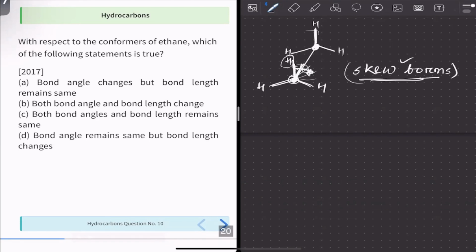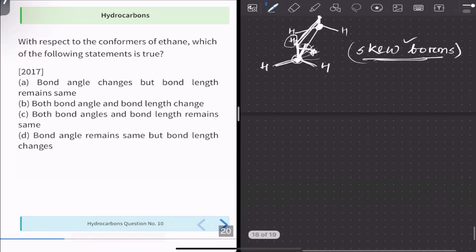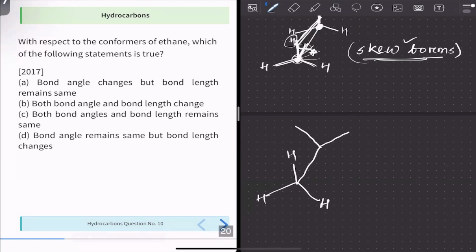And the two extreme positions: one is the overlapping position. What will be the other extreme position? The other extreme position will be when the bonds have opposite orientation with respect to each other.